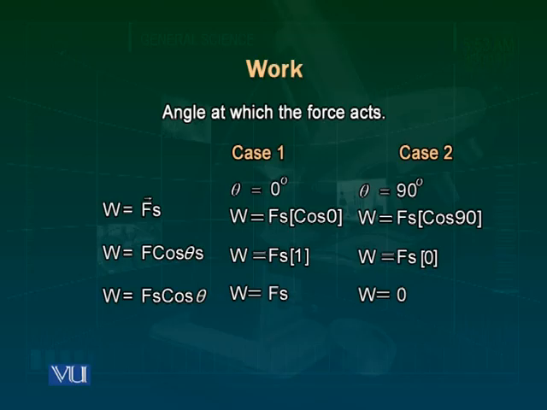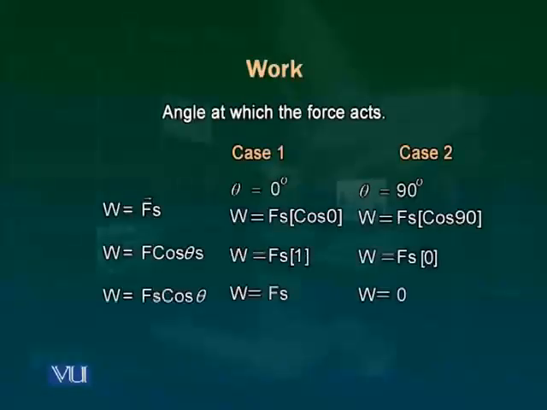When you look at the tables of the cosines, we find cosine of 0 degrees is 1. So the work has to be equal to Fs. In other words, we get the maximum work whenever the angle between the displacement and the force is 0. In other words, both are in the same direction.